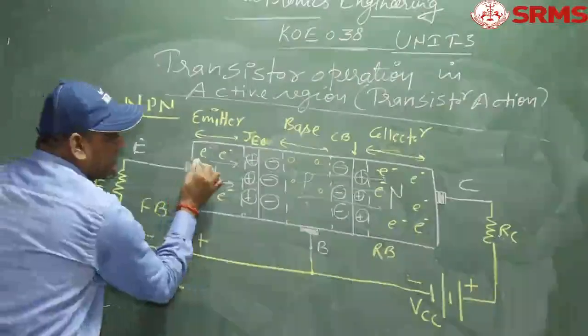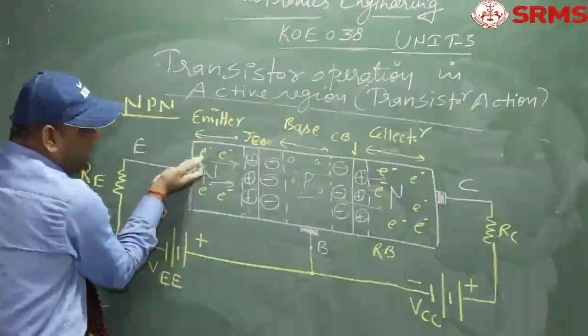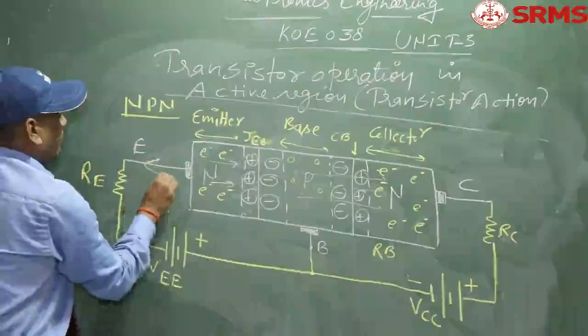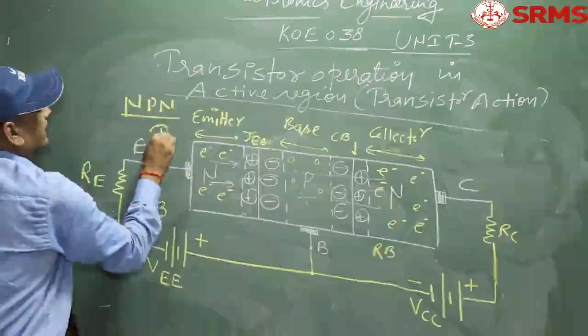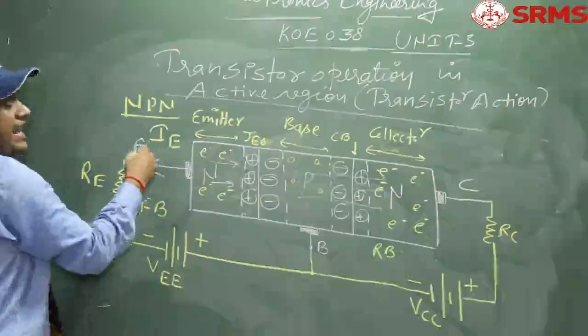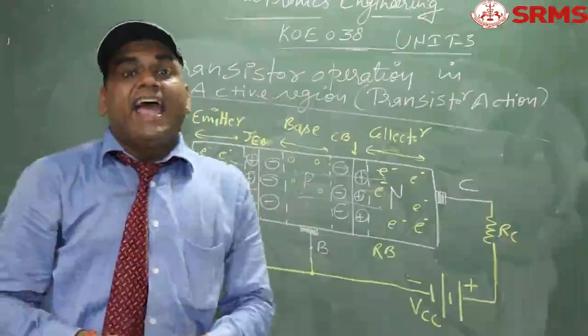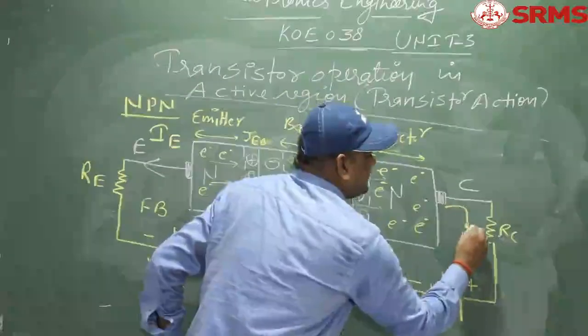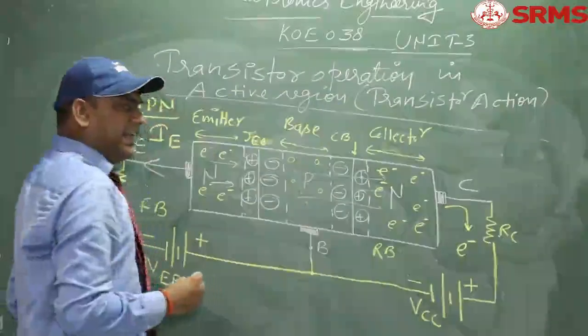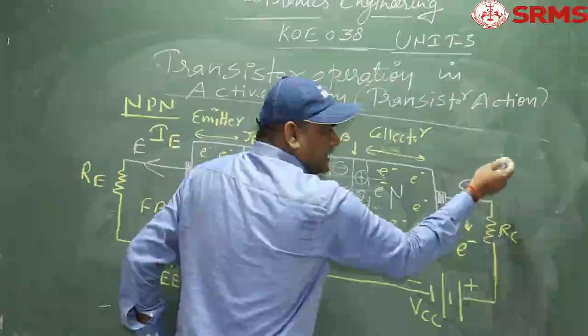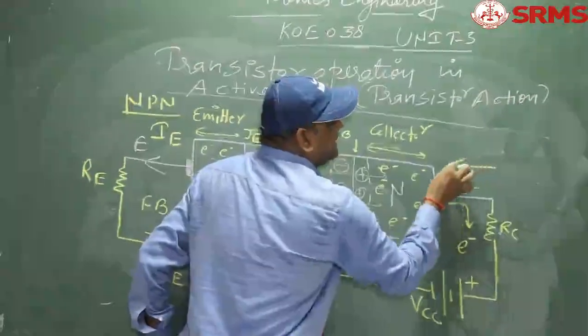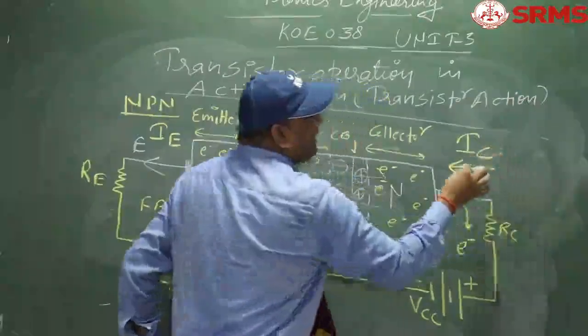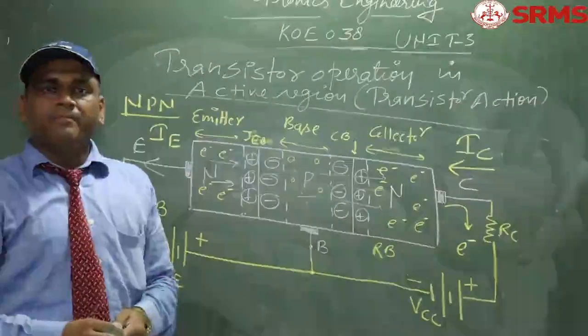So if electrons are flowing in this direction, in the opposite direction there is a current, and that current is known as IE, the emitter current. And if this is the flow of electrons towards the collector terminal, this is the direction of the collector current, known as IC.